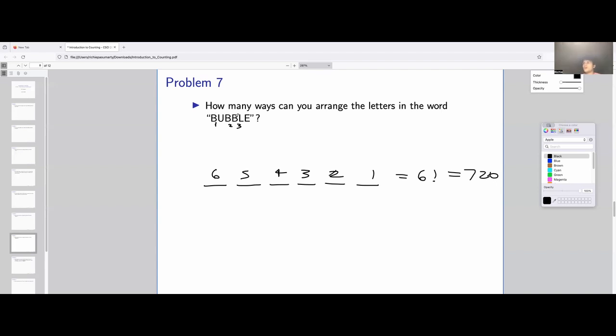Okay, so this is B1, B2, B3, and then the other 2 letters. So for example, these 2 permutations are actually equivalent. These 2 reorderings or permutations are actually equivalent to each other. So this is going to be equivalent to this.